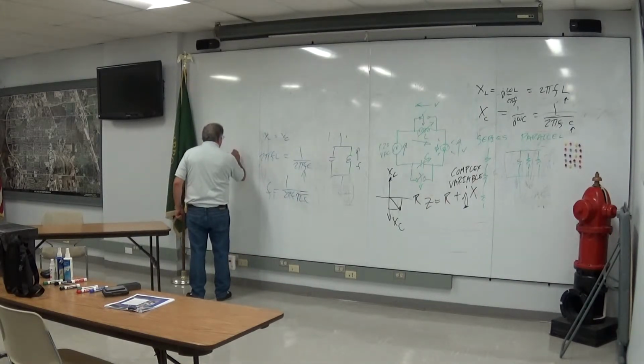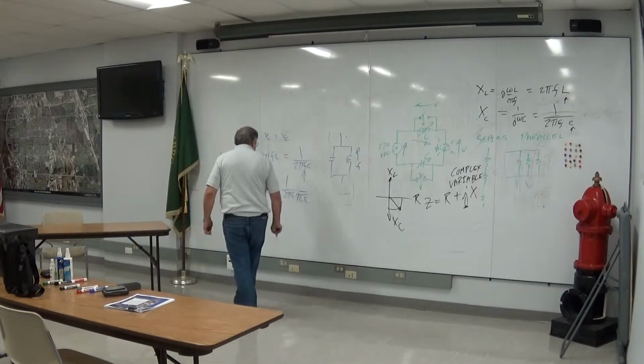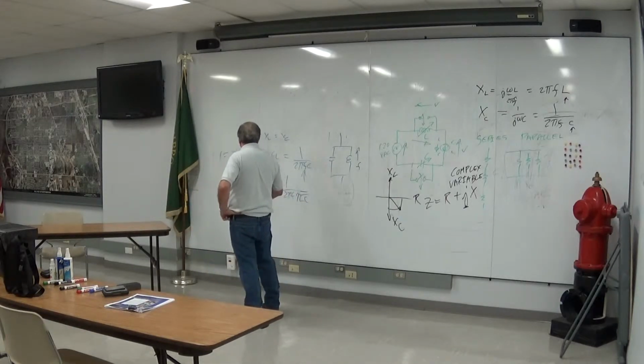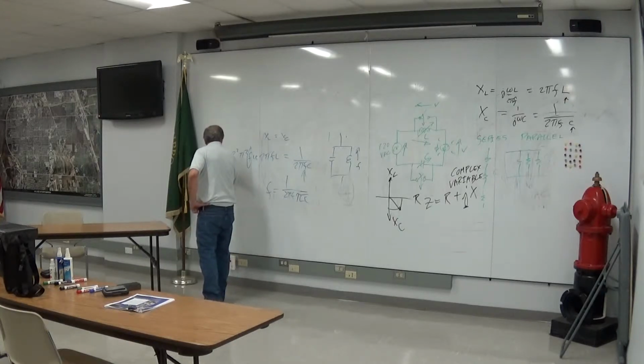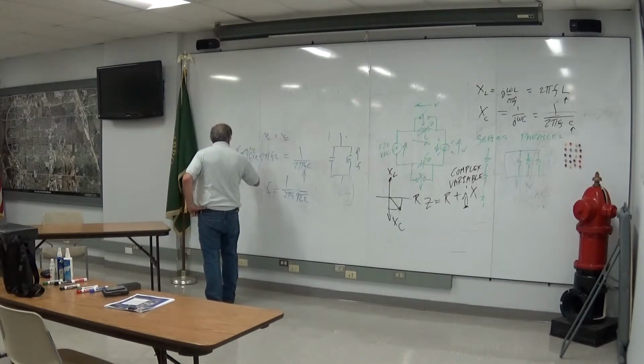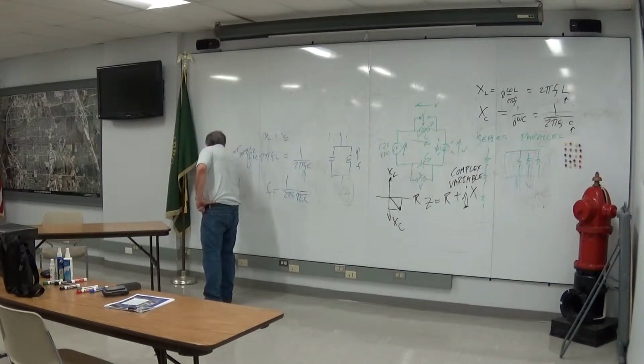It'll be 2 squared, pi squared, f squared, and L and C. So guess what? It would seem to me that if you're solving for f, what you have to do is move everything to the other side of the equation, which means you have to divide by 2 squared, pi squared, and L and C. Oh, and that'll be f squared. So that's right, when you take the square root of that, this 2 just becomes 2, and the pi just becomes pi, and the LC becomes the square root. So I think I had it right.